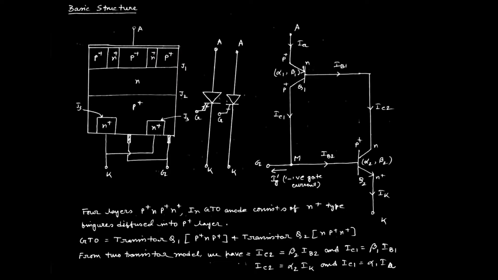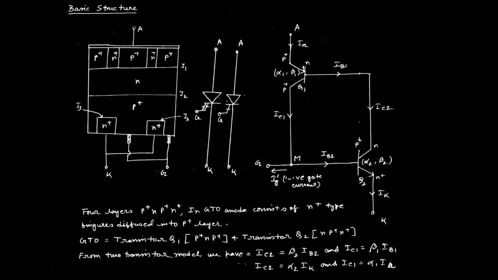So from this diagram, IC1, this one, minus IG dash as it is reverse biased, plus IB2, this current, will give you 0. Just we are applying the KCL at the node M. This is the direction of the current from the node outwards, and this is towards the node. That means IC1 minus IG dash minus IB2 will give you 0.